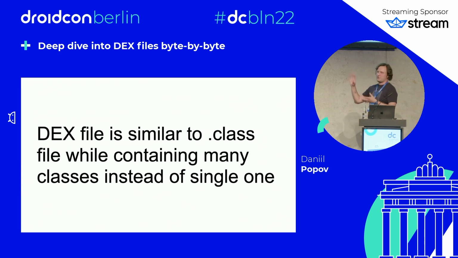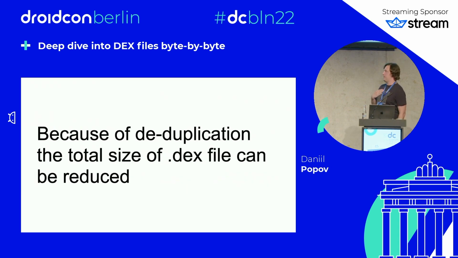So this comparison is kind of artificial. I just wanted to show that the engineers who designed DEX files were, I believe, inspired by the class file and its structure. That's my thought. I don't know for sure, I haven't been there, but the format looks really similar.